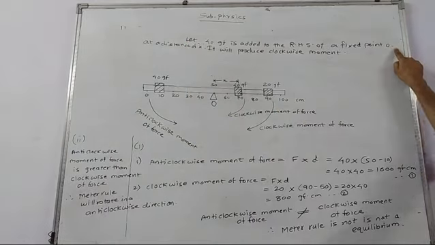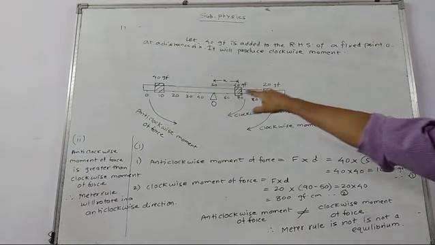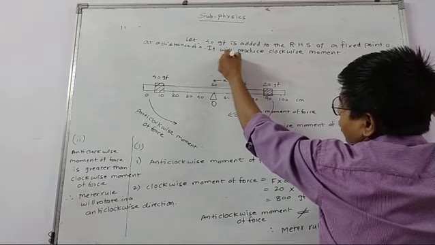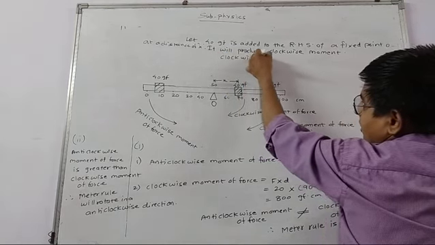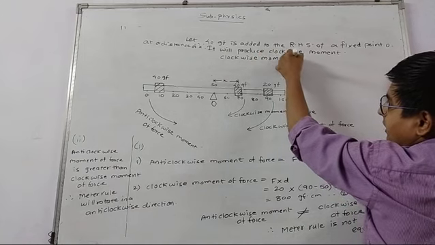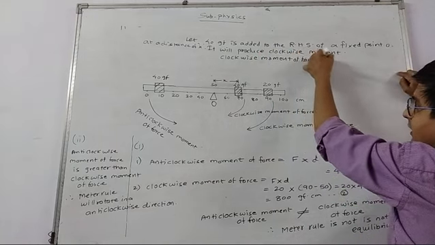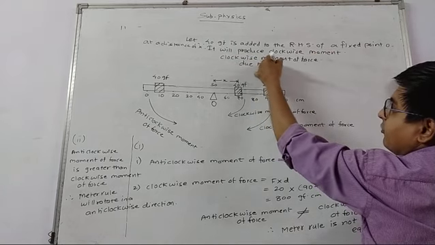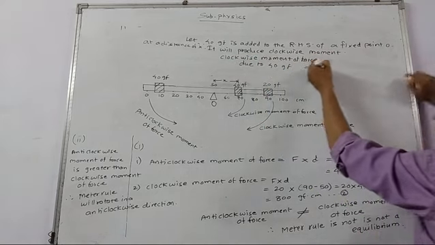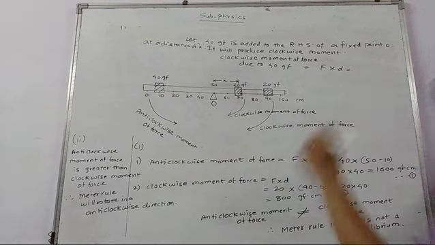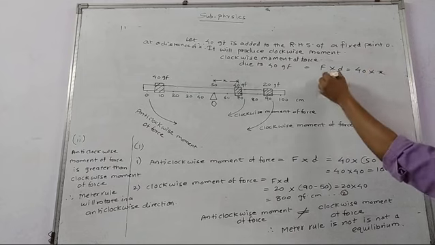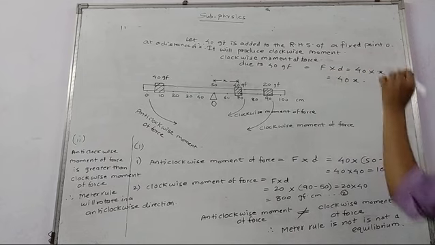Also note it down. So if the distance from O is x, the clockwise moment of force due to 40 gf is equal to force times distance. What is our force? 40. Let's say the distance is x, so that is 40x.